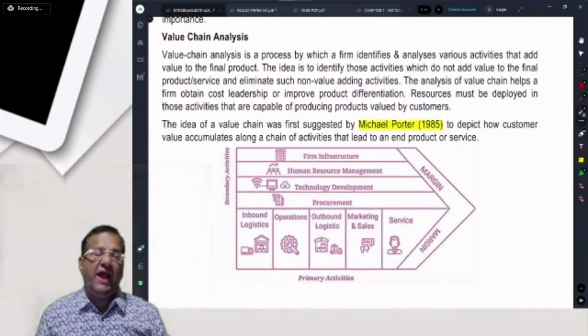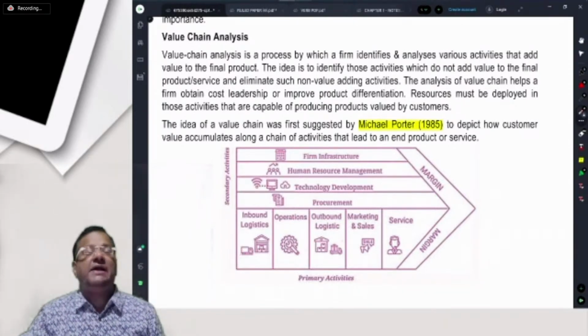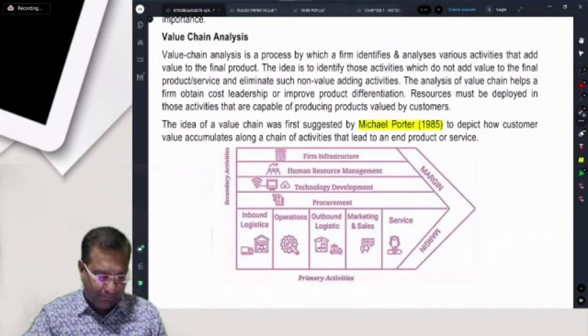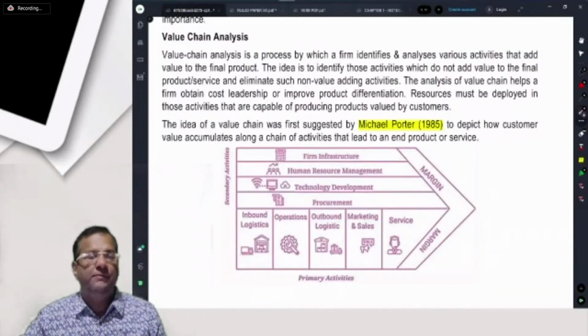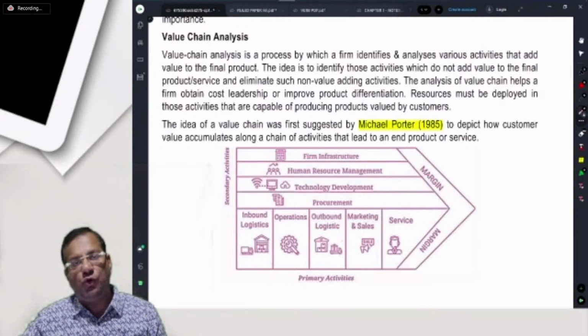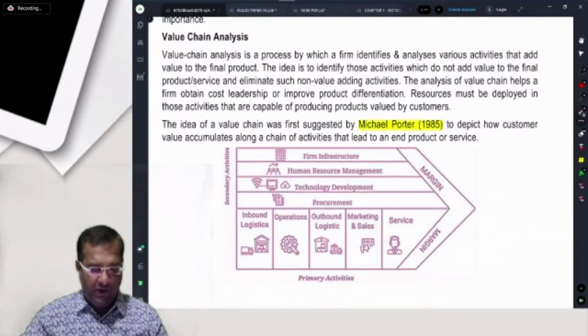The activity, if eliminated or minimized, comma, customer will get the same value or utility from the product or services.